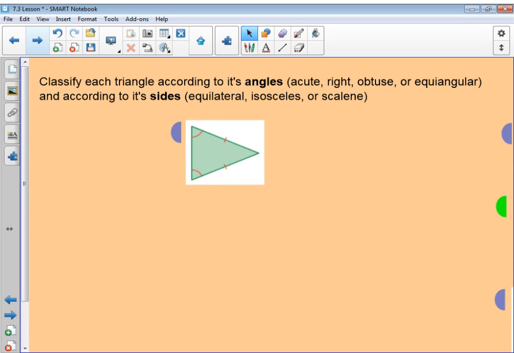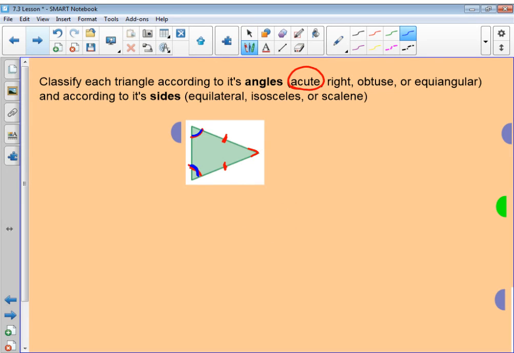Let's try this one. Here, these are the same measure of angle. I don't know what it is, but those are my largest angles too. This one looks smaller, more closed. So these two, the biggest, are still acute angles, so this would be an acute triangle. There are 2 sides that are the same. Notice we also had 2 angles that were the same.